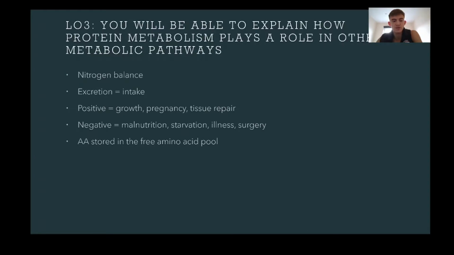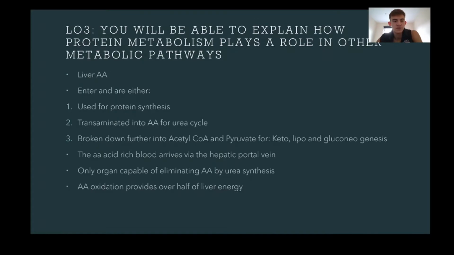And these amino acids are stored in this free amino acid pool, so they're readily available throughout the body. So if we talk about the liver, that's where most of the action happens again, so that's why you need to keep your liver healthy. And amino acids enter the liver, and they're either used for protein synthesis, transamination into amino acids, or the urea cycle to get rid of excess nitrogen, because we see that ammonia can have toxic damage to the brain, and we'll talk about a paper in the next lecture.